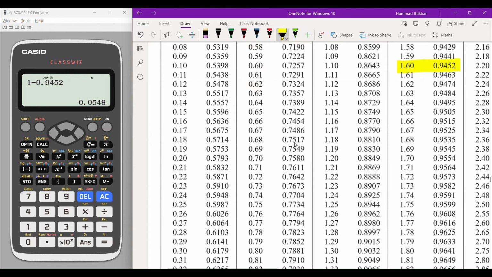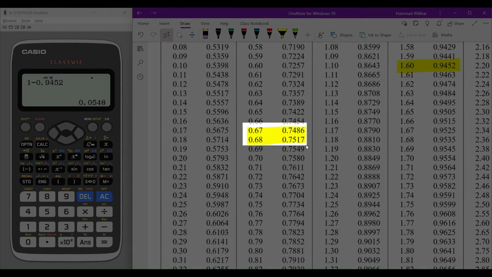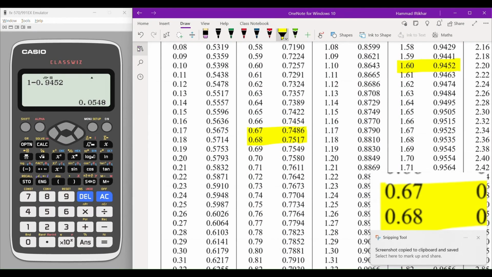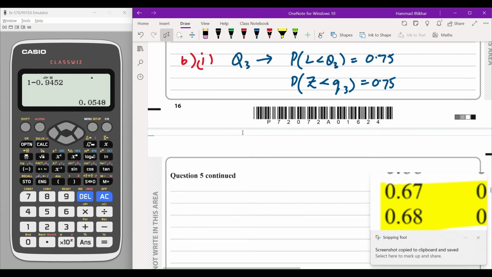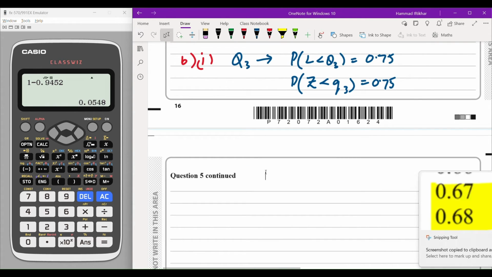Now, if we notice that this is in between these two values, okay, so we will have to figure it out using linear interpolation.